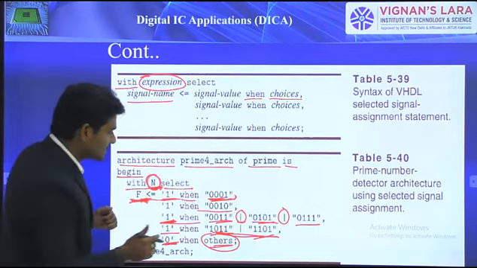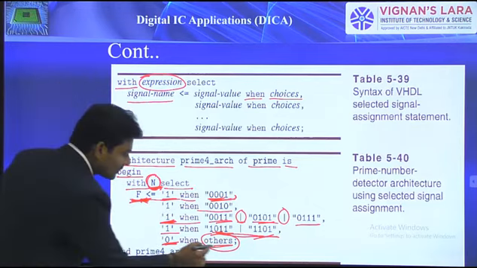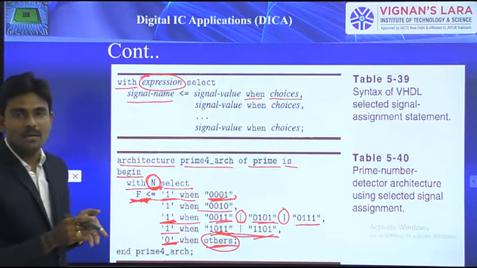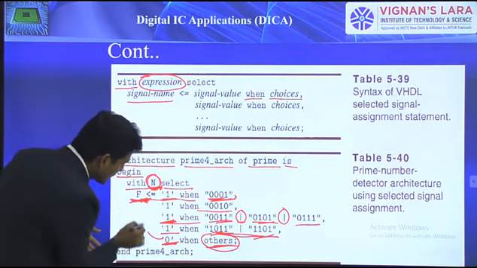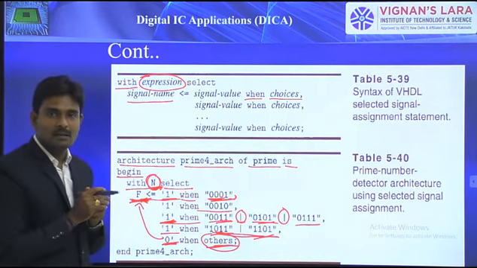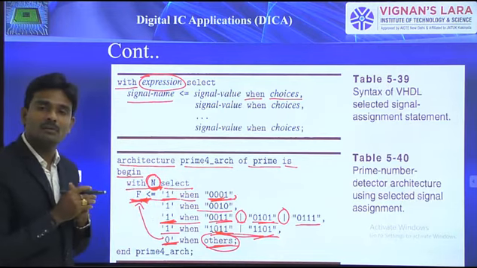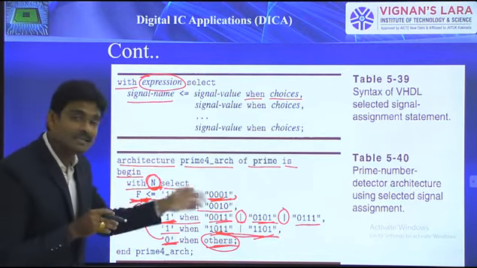That means here I covered 7, and there are 16 input combinations in total. For the remaining 9 input combinations, f will be assigned a value of 0. That is what it means. Otherwise, if there were no others case, we would have to write all those 9 other combinations again.